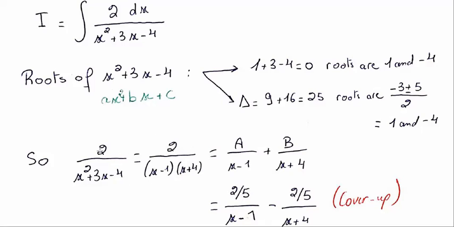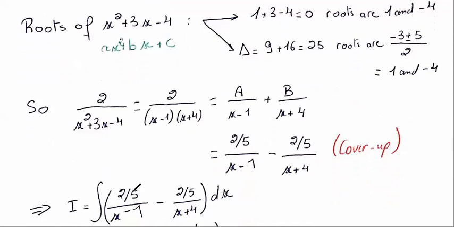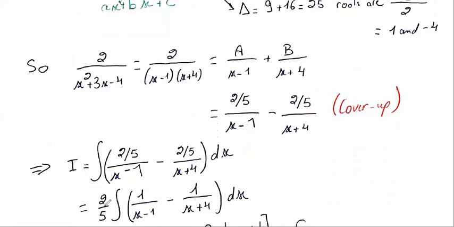So now my fraction of polynomials became 2 over 5 over x minus 1 minus 2 over 5 over x plus 4. So the integral became the integral of 2 over 5 over x minus 1 minus 2 over 5 over x plus 4. I can take 2 over 5 as a factor. So I get 2 over 5 integral of 1 over x minus 1 minus 1 over x plus 4. These two are of the form u prime over u, because the derivative of x minus 1 is 1, and also the derivative of x plus 4 is 1.